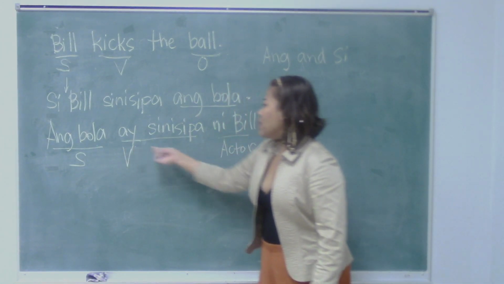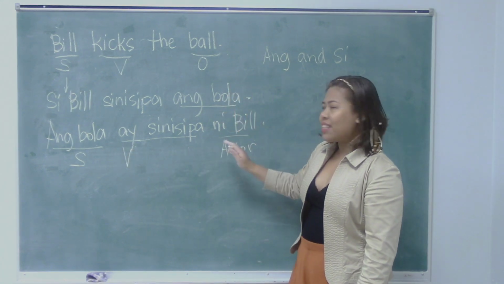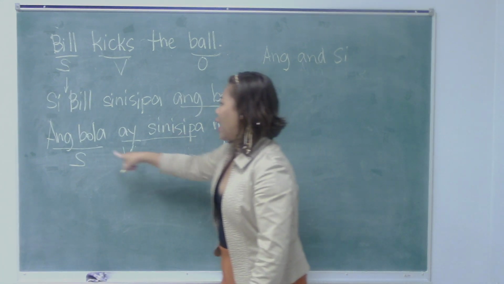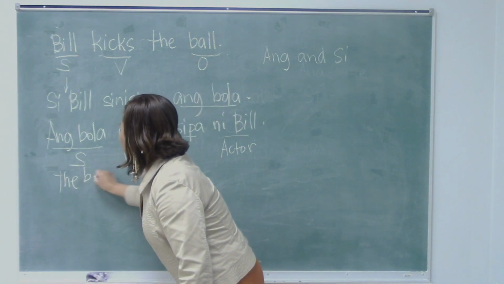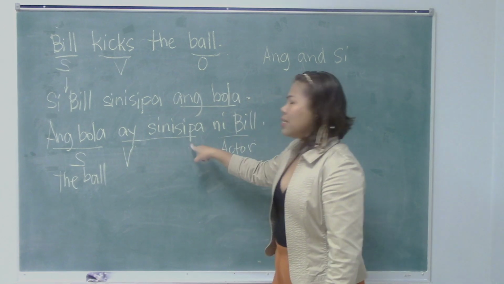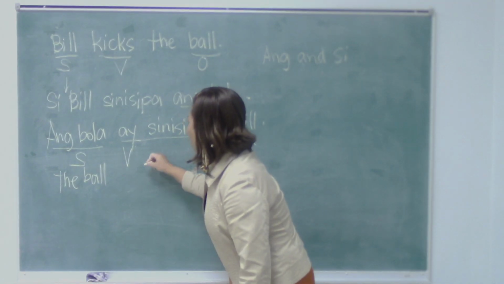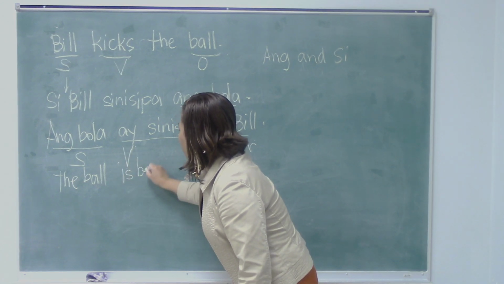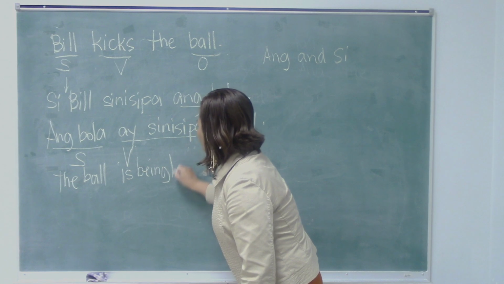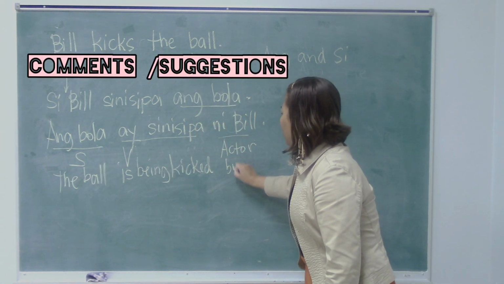If I'm going to translate this in English, it would be like the passive voice in English. It would say, ang bola is the ball, right? The ball. Ay sinisipa in English could be translated as is being kicked, by Bill.